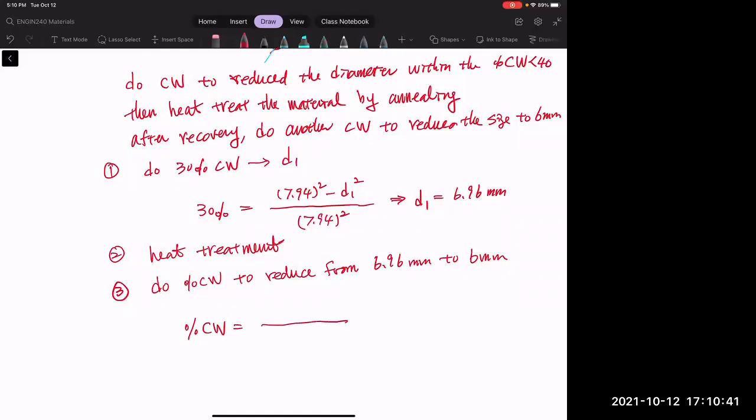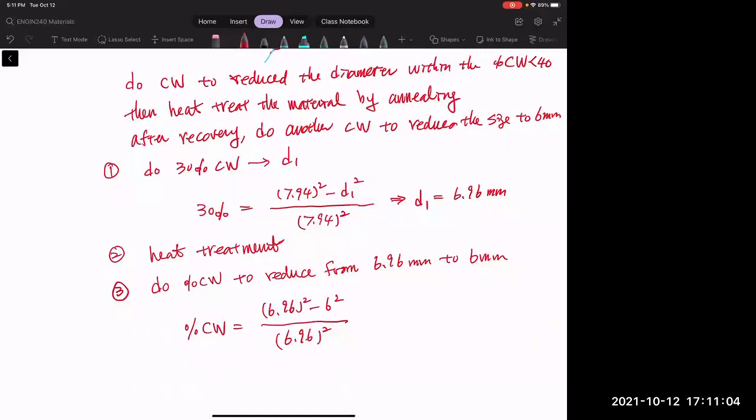Again, you can eliminate the pi over 4: 6.96 squared minus 6 squared divided by 6.96 squared. And that is the percentage of the cold work of the second stage.